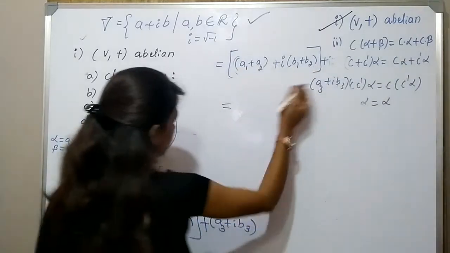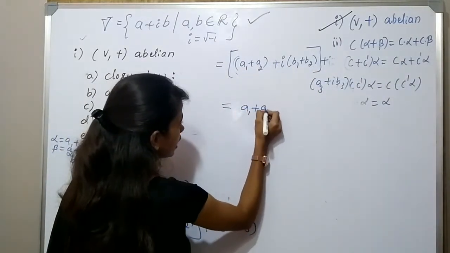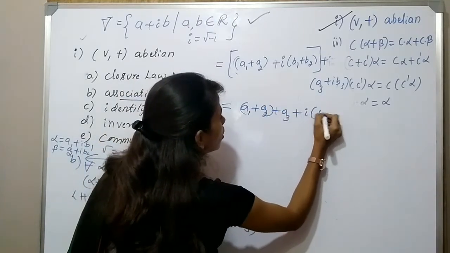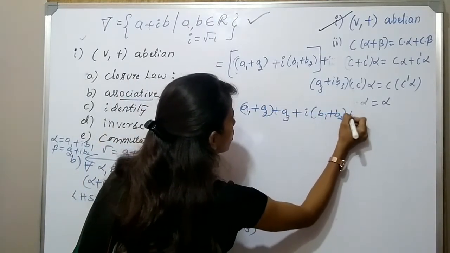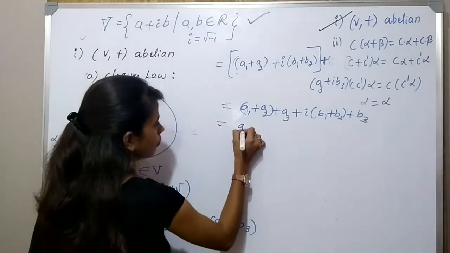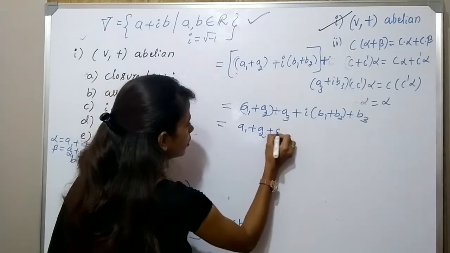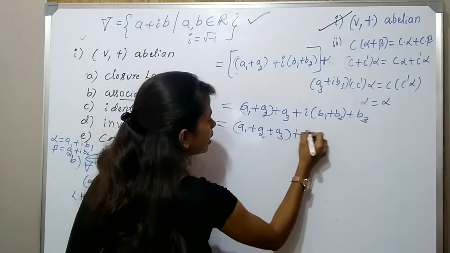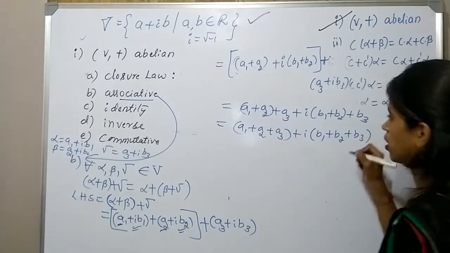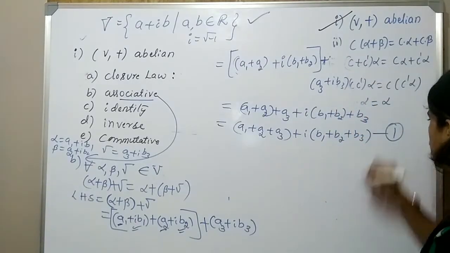So taking this, we get A1 plus A2 plus A3, plus i into B1 plus B2 plus B3, because of the plus here. So this is LHS, call it 1.